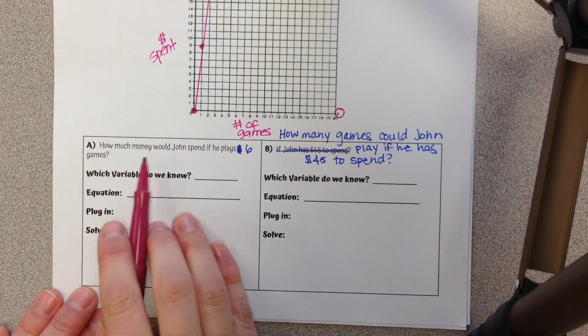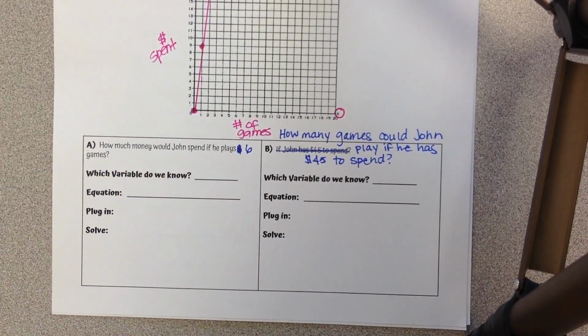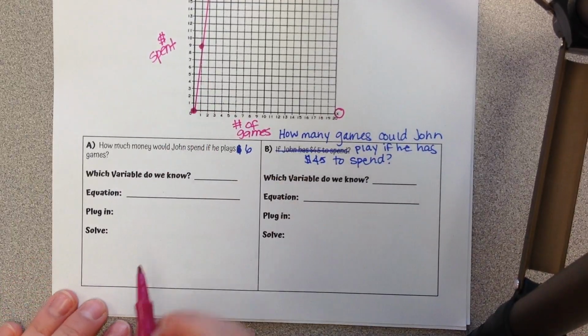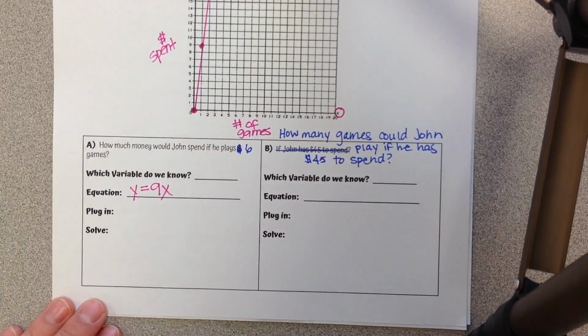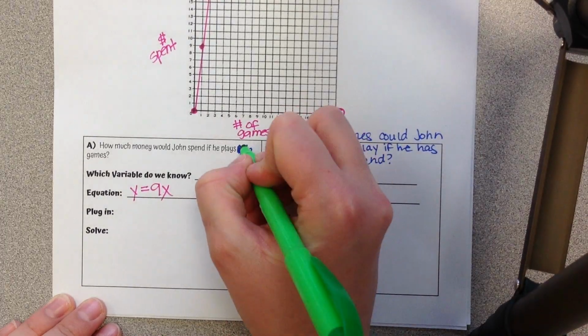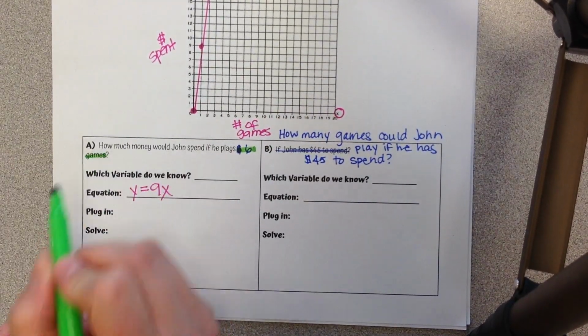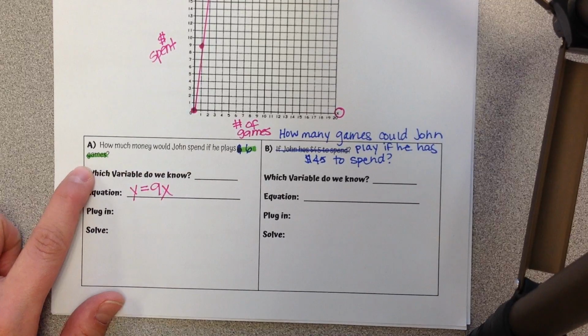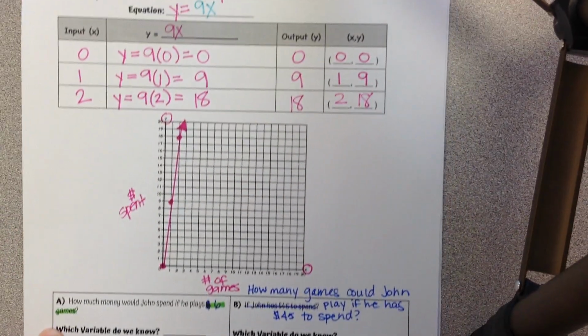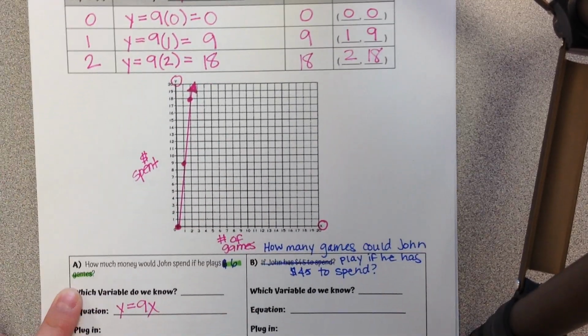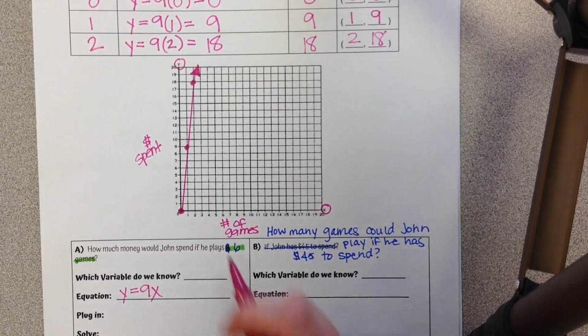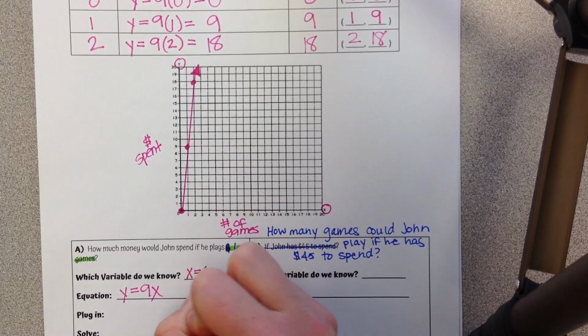Part A. How much money would John spend if he plays 6 games? I'm going to copy down my equation right away, Y equals 9X, and let's figure out what we know. My number is 6, and the unit is games. So we know he played 6 games. Again, if you're confused, double check what you put up here. Number of games is X. So we know that X equals 6.